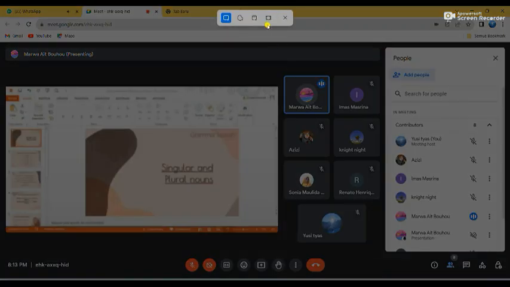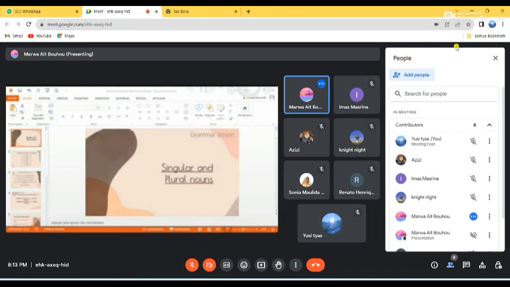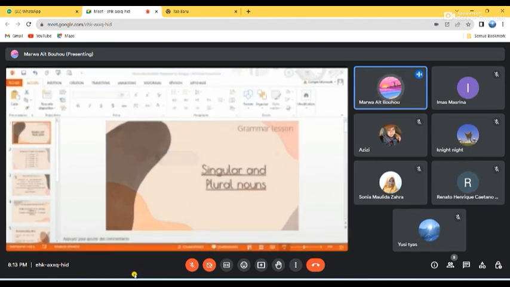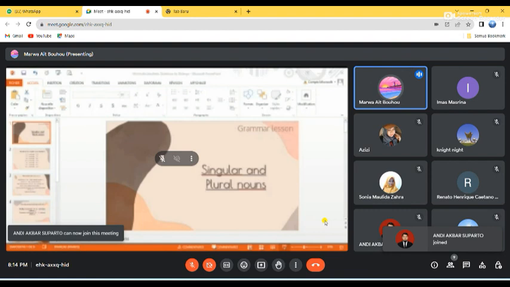Here, I said that we can add the letter S to singular nouns to make them plural. For example, here we have hand becomes hands, wall becomes walls, dog becomes dogs, and so on.